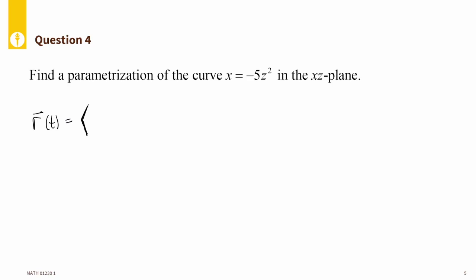There, tell us what x equals. Let z be your parameter, call it t. X would then be negative 5t squared.